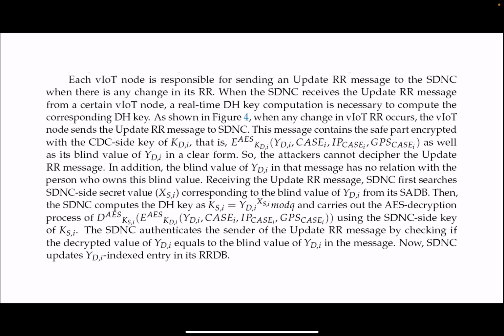As shown in figure 2, when any change in virtual IoT RR occurs, the virtual IoT node sends an update message to SDNC. This message contains the safe part encrypted with the CDC side key of KDi, that is E AES, KDi, YDi, KSi, IP, GPS, KSi, as well as the RR message.